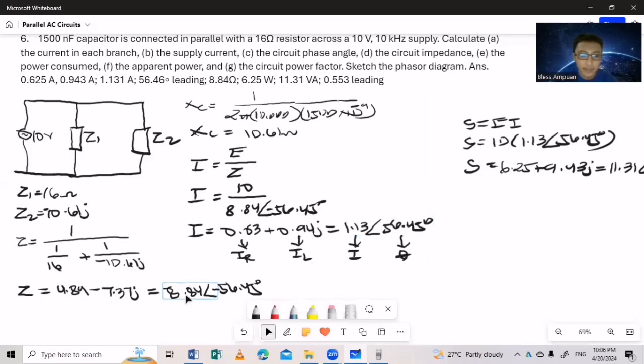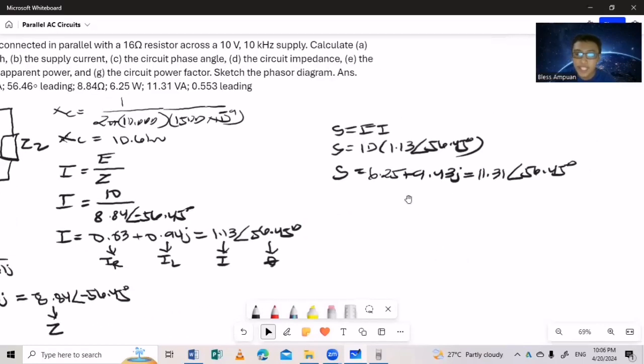Also here, 8.84 is our total impedance. In terms of power, the 6.25 is our true power in watts, and 9.43 is the reactive power in volt ampere reactive. The 11.31 is our total apparent power, and the same again, this is our phase angle.